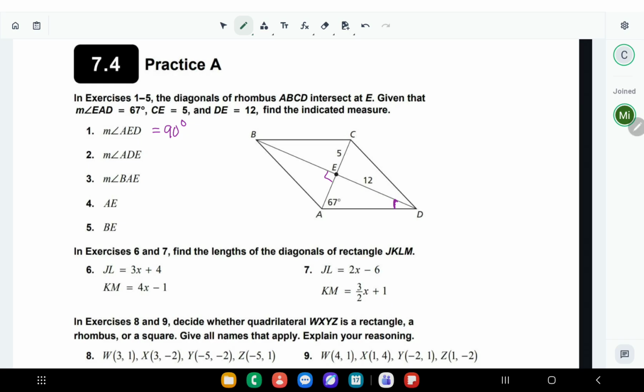Take note that diagonal AE bisects DAB. So it should be 180 minus 90 minus 67.